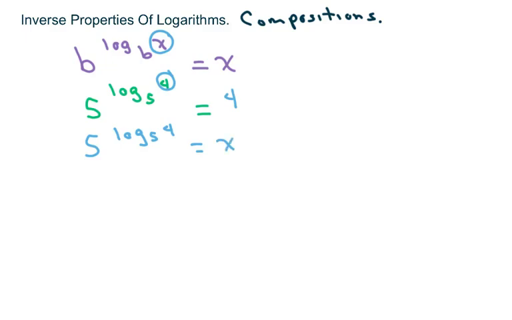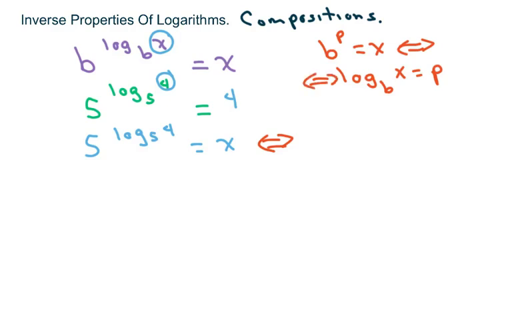So what we're going to do is we're going to use our b to the p equals x, and the inverse of that is log base b of x equals your p. So I'm going to rewrite this as a log. I'm going to write my base is 5, my number value is x, and I put my power here.